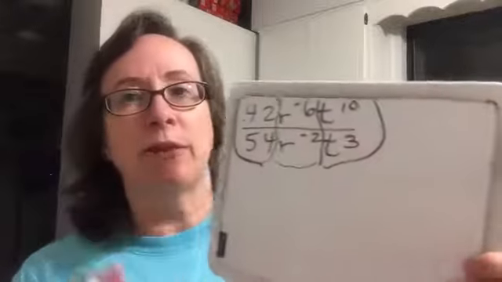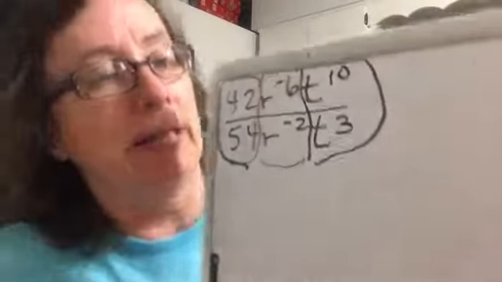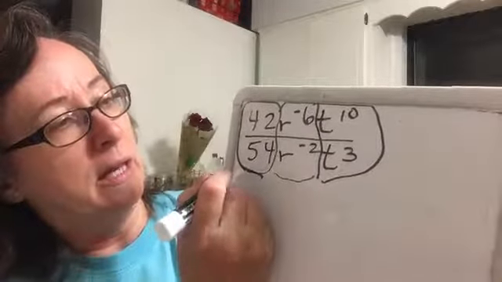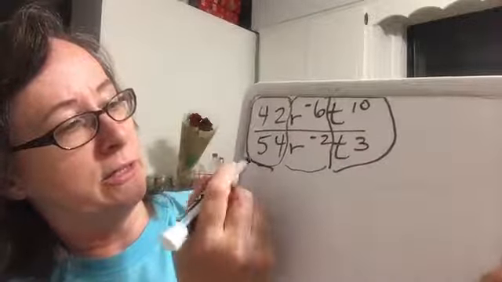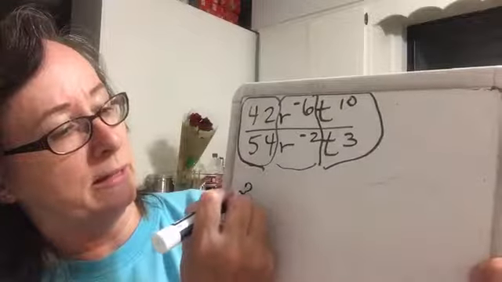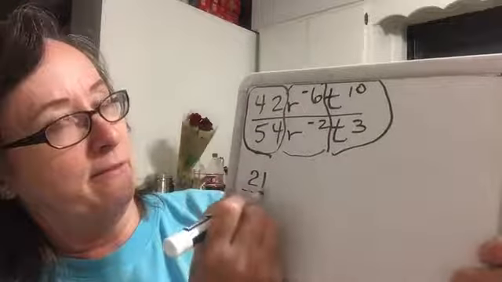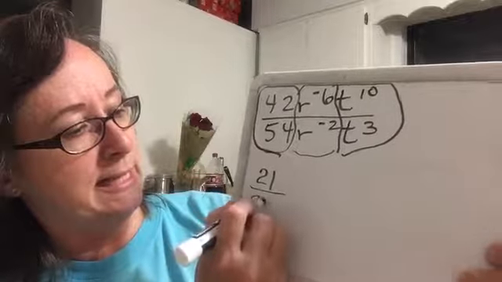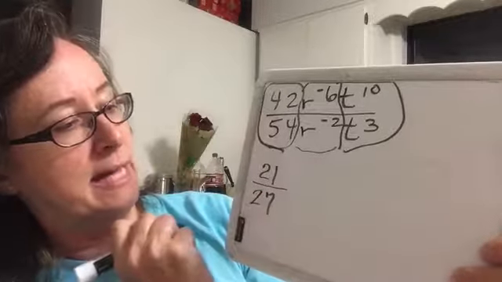So I'm going to deal with the 3 parts of the problem separately. So 42 and 54, let's see, if I just divide by 2, I'll get a 21, and 54 divided by 2 is a 27.